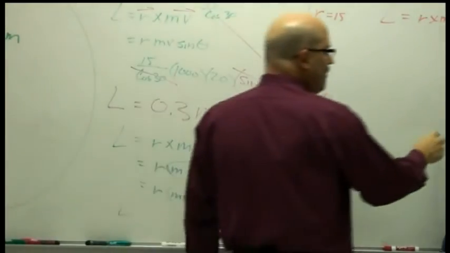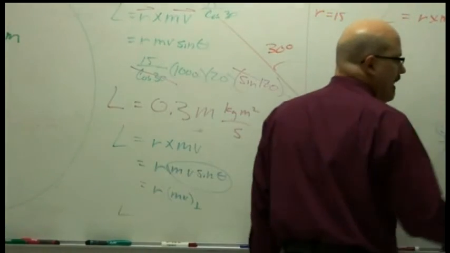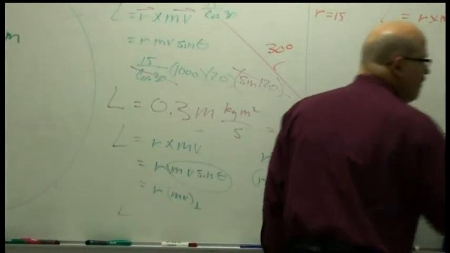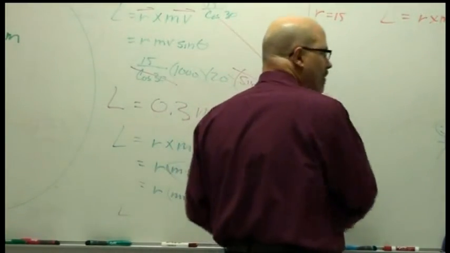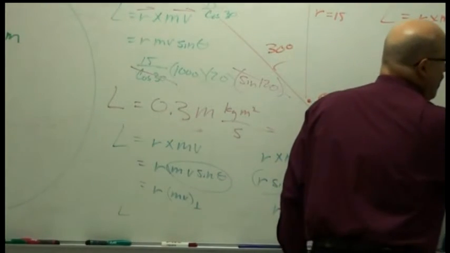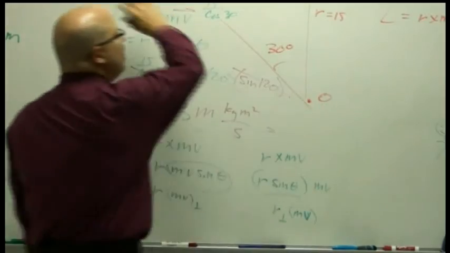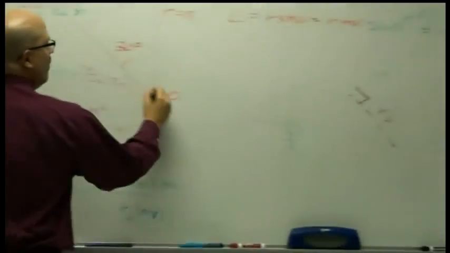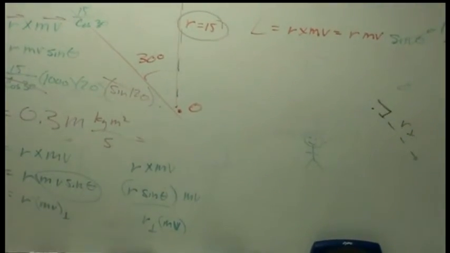So let's say this is you, walking this way, and here's the point about which we want to figure out our angular momentum. Where's our minimum radius? Right there. Where's the minimum radius for Pookie? Right there. So it's the same MV, same perpendicular radius, same angular momentum.